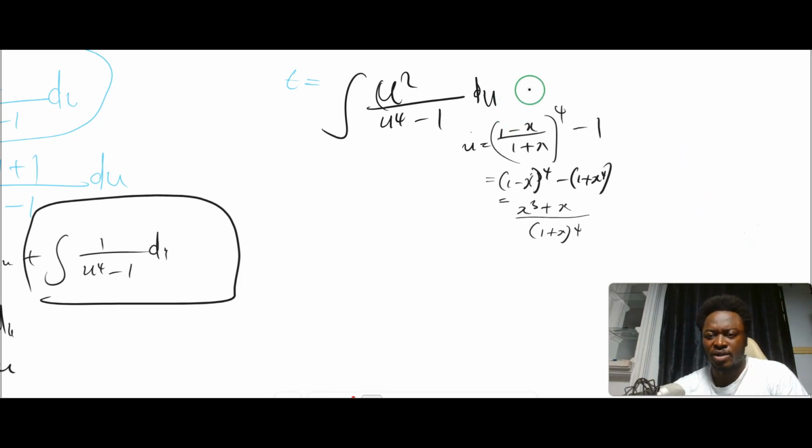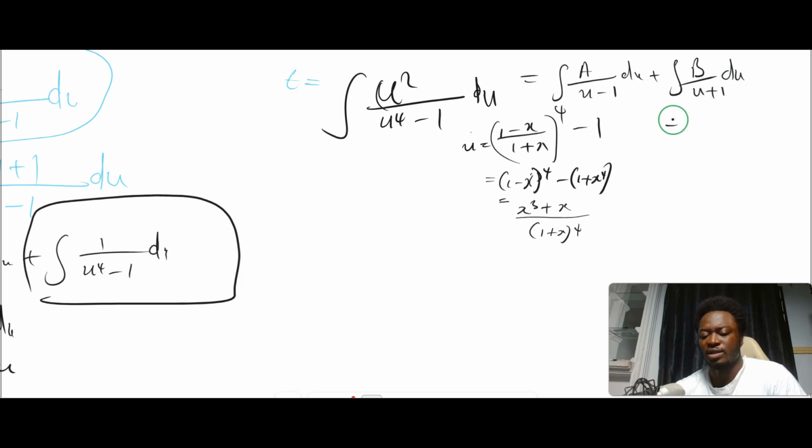I was thinking I was going to do another method here, but okay, let's just say this is going to be the integral of a over u minus 1 du plus the integral of b over u plus 1 du, then the integral of cu plus d over u squared plus 1 du.